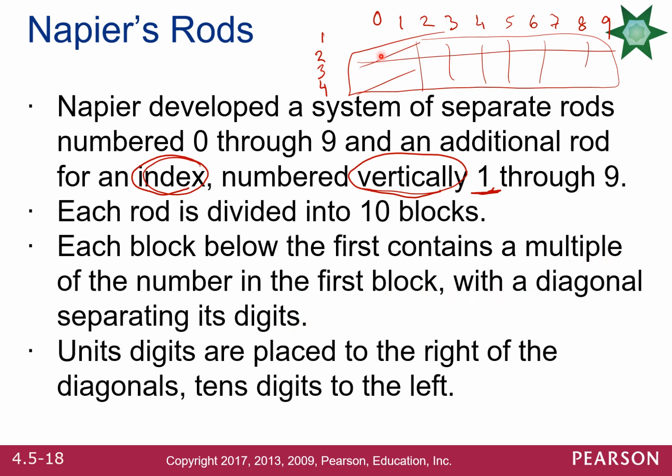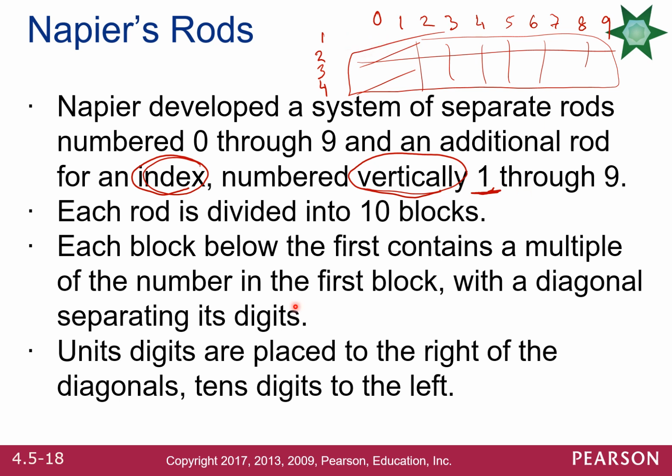The units digits are placed to the right of the diagonal, or the bottom part of the diagonal, and the tens digits, if it has 2 digits, go to the left, or the upper part of the diagonal.